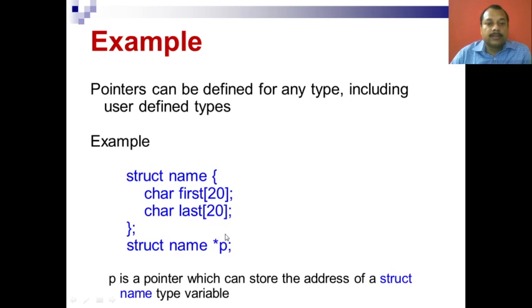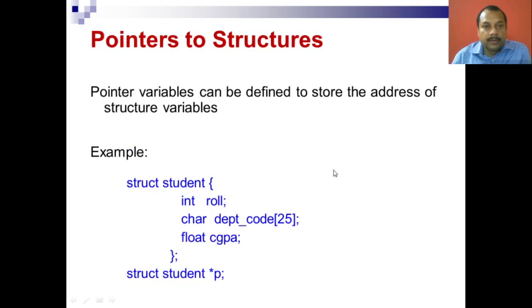I mean, how much memory it needs in order to store the address of one structure variable. Okay. Now pointers to structure. A pointer variable can be defined to store the address of a structure variable. Here is another example: struct student, int roll, char department code, float CGPA, and struct student *p.